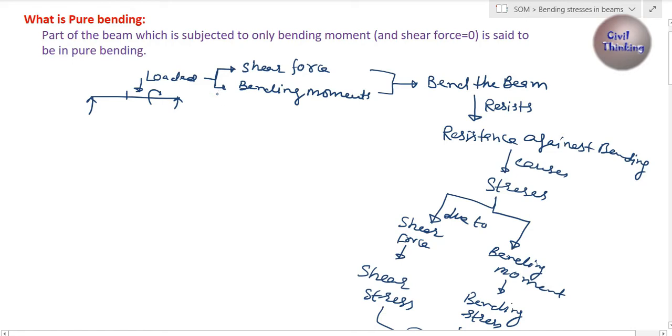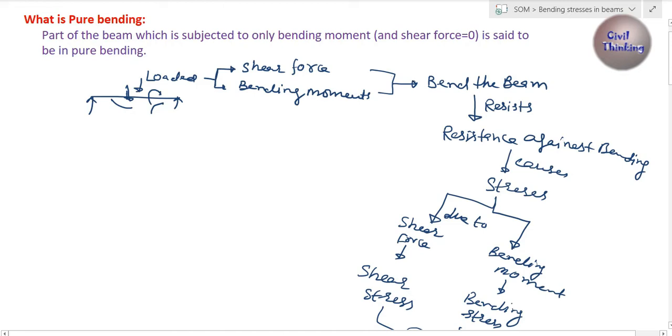Now these shear forces and bending moments, of course they will try to bend it: if here is a shear force like this, it will try to bend it like this. If this moment is like this, it will try to bend it like this. In a nutshell, both shear forces and bending moments try to bend it in a certain way.